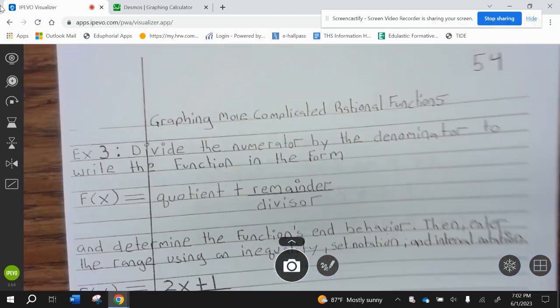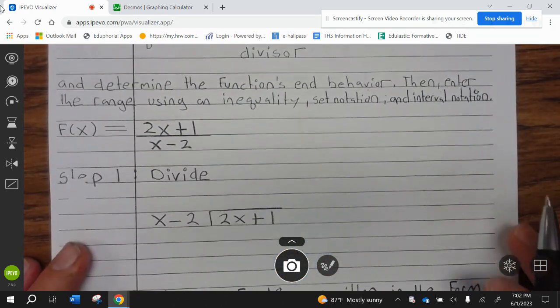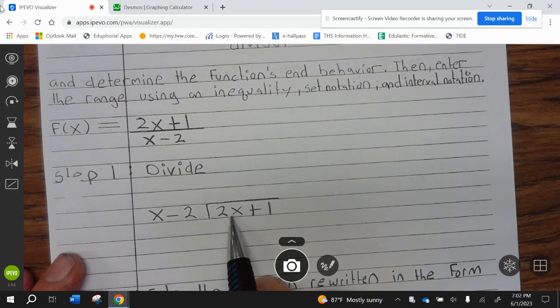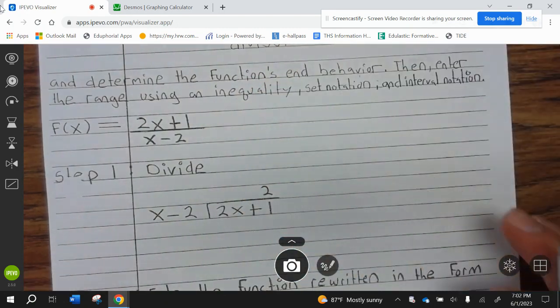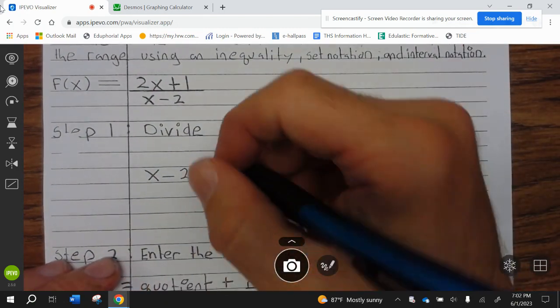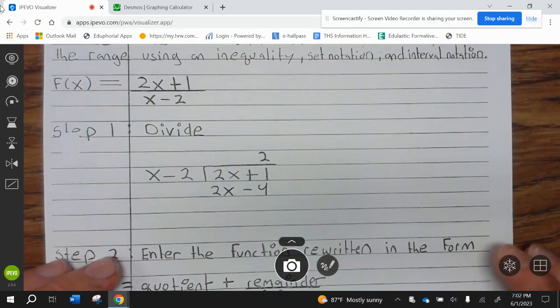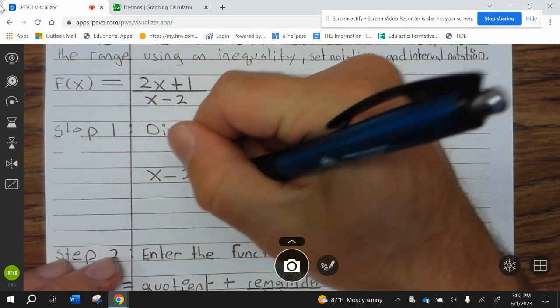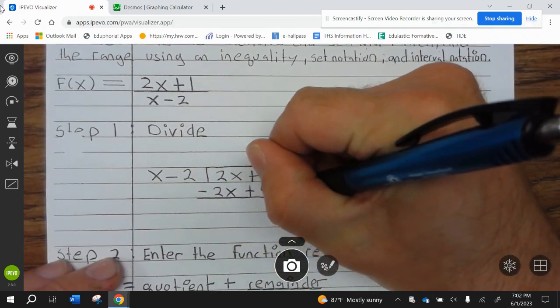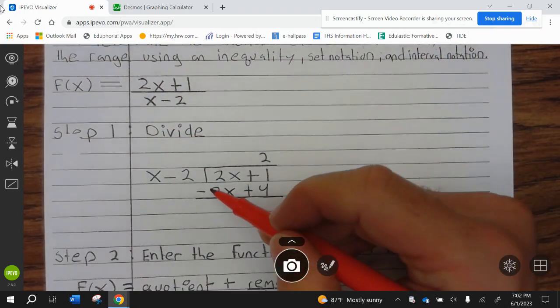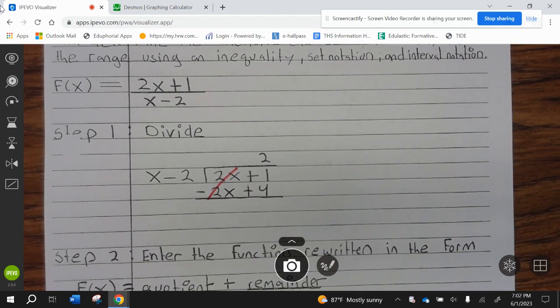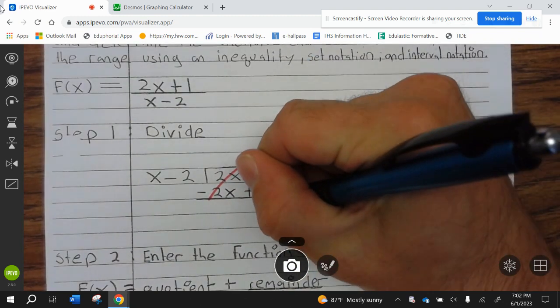So we ask ourselves, what do you multiply x by to give you 2x? The answer to that is 2. Now we multiply 2 times x is 2x. 2 times negative 2 is minus 4. We subtract. That becomes positive. This cancels. You get 1 plus 4 is 5.